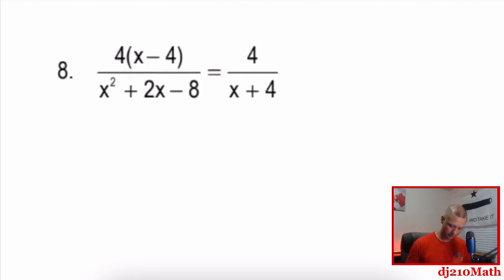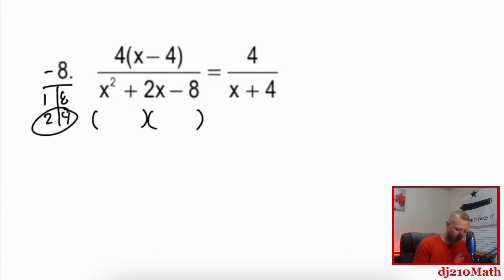Let's factor the left side bottom. Two numbers that multiply to make negative 8 that add up to 2. So, negative 8 is going to be 1 and 8, 2 and 4. So I can make a 2 out of 2 and 4 for sure.